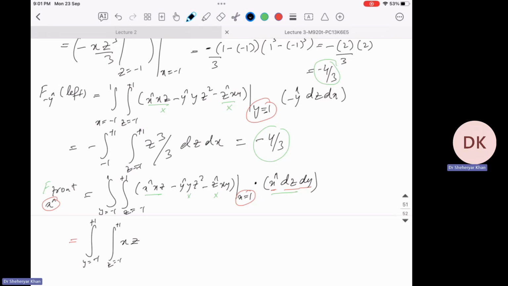So you have xz. You can also short, instead of x, you can write 1z because x is 1. Because of z, first when you integrate with y, you will get yz. Okay. And then when you integrate with z, it becomes yz squared by 2.